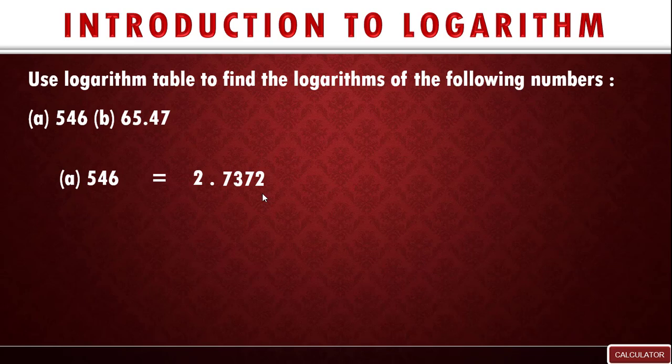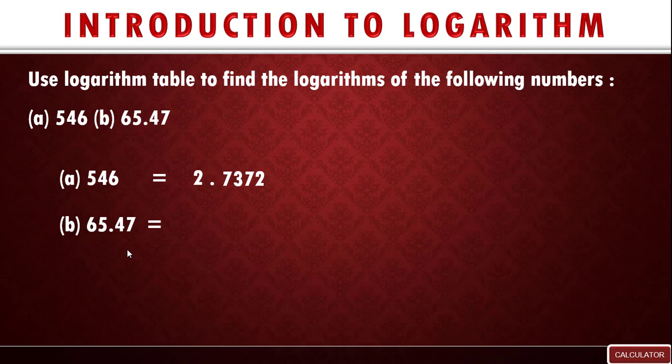So let's look at example 2, which is 65.47. In this scenario, going to our log table, we're going to look for 65 under 4 difference 7.